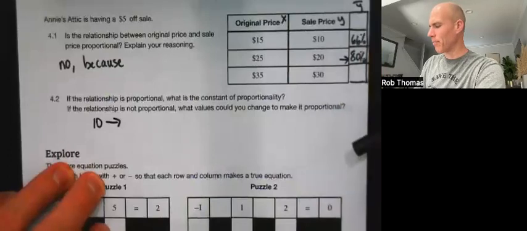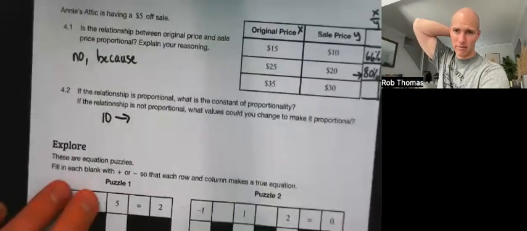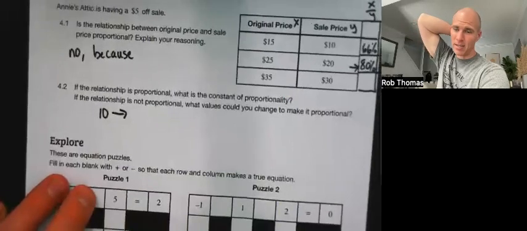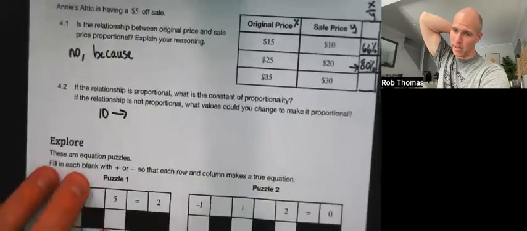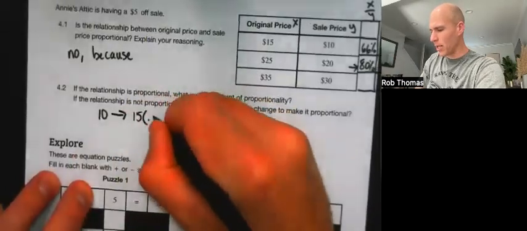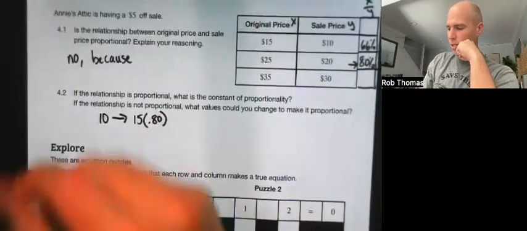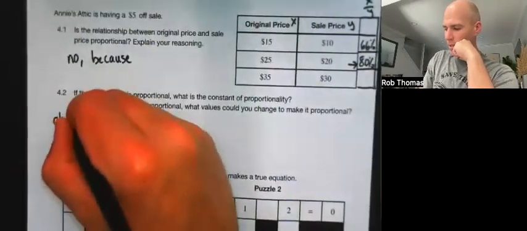So what's 80% of 15? You should know how to do that. You take 15 and you times it by not 80, but 0.8. So whatever 15 times 0.8 is, or 0.80. So you would need to change 10 to whatever the answer to that is.